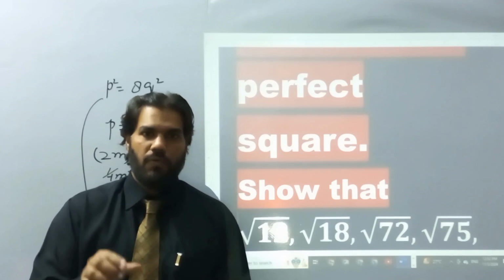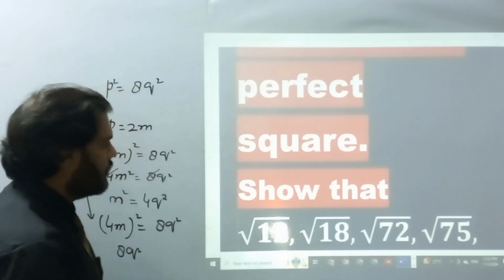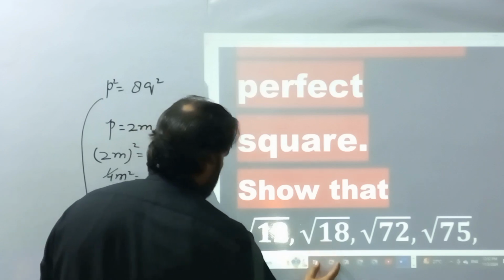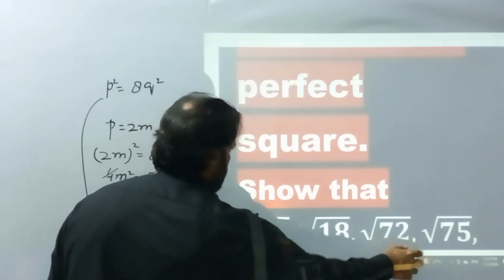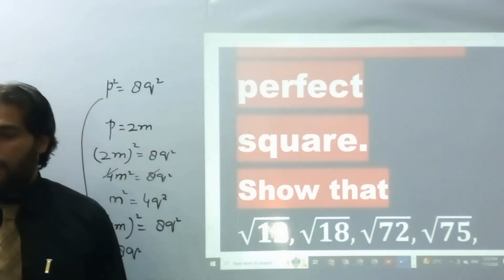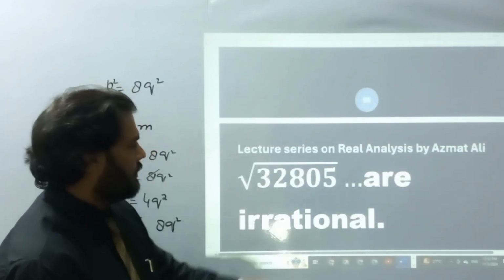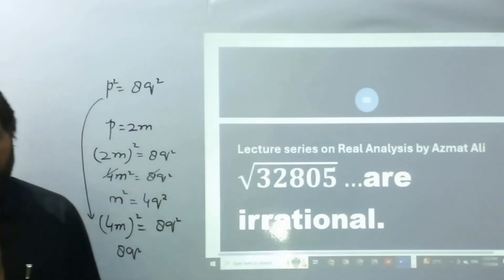When we make the prime factorization of n, in this case, we will show that square root 12, square root 18, square root 72, square root 75, and square root 32,805 are irrational numbers.